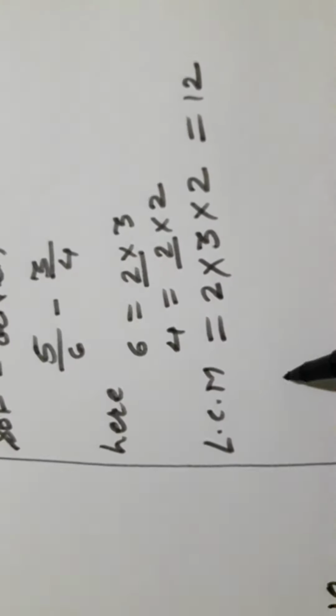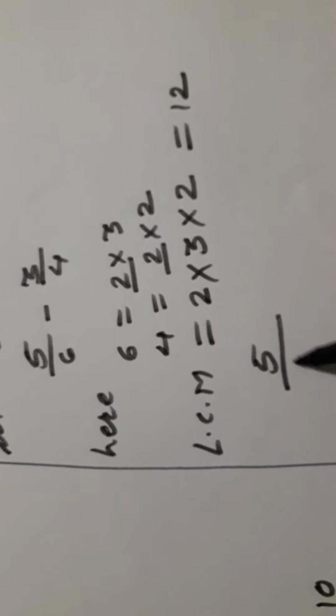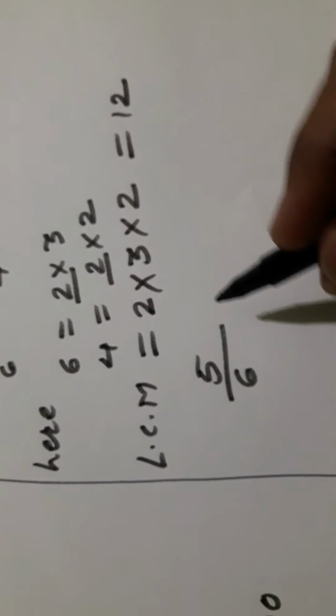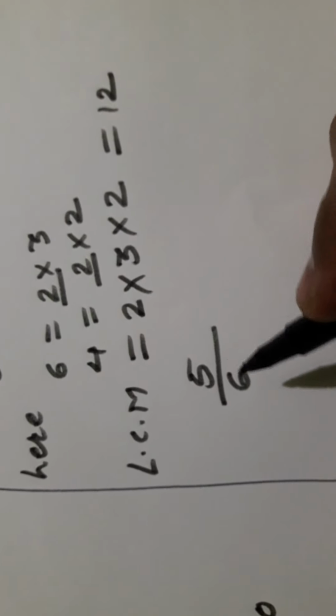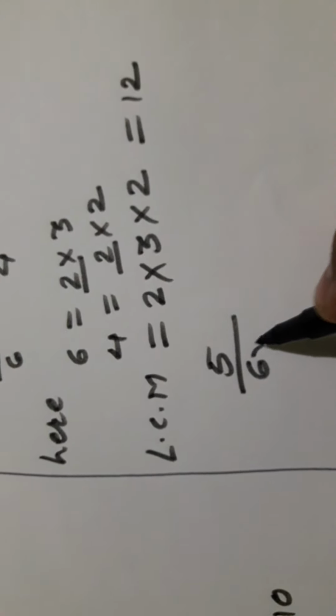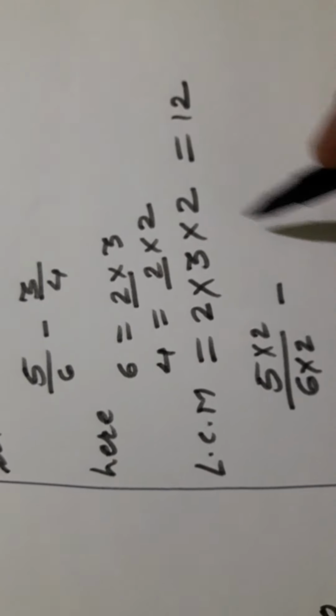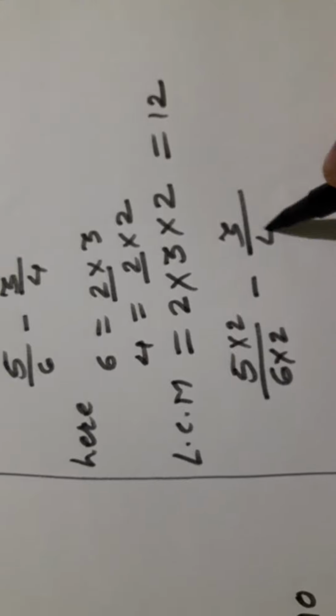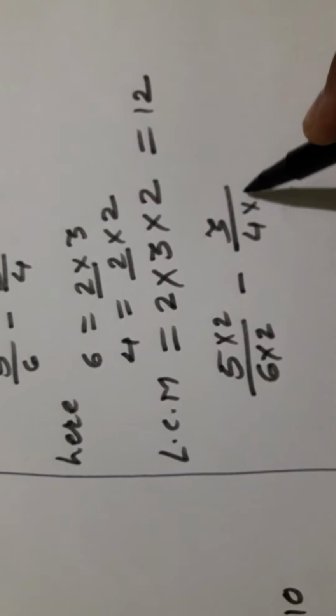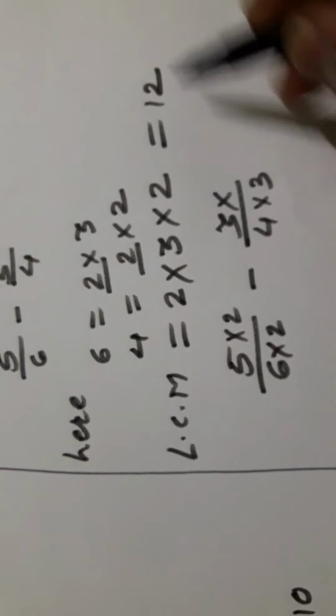Now the first fraction, 5 upon 6. We have to select one number which, after multiplying with 6, gives 12. What will be the number? 2. Multiply the numerator also. Minus 3 upon 4. When you multiply 4 by 3, we get 12.